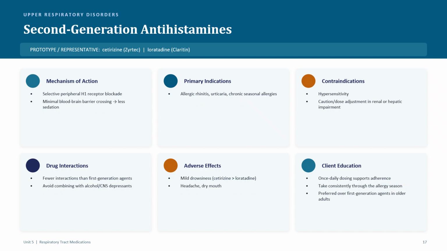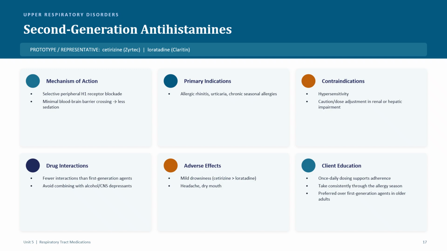Okay, so then we have the second generation antihistamines. That's the cetirizine and the loratadine. And these are basically the answer to the side effects from the first generation, the diphenhydramine. So they do the same job. They block the H1 receptor, but it's been engineered to specifically stay out of the brain. So it's minimizing that blood-brain barrier crossing.